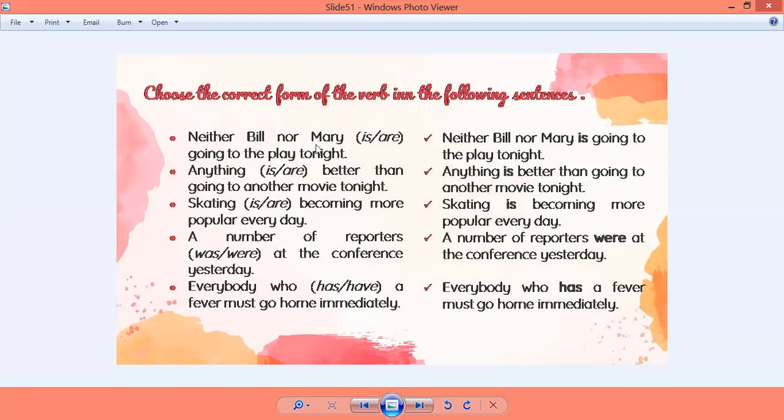Let us see first one. Neither Will nor Marry dash going to play tonight. अभी यहाँ का रूल क्या था that और नॉर के बाद में जो सब्जेक्ट आता है उसके ऊपर हमारा वर्ब डिपेंड करना चाहिए. Here after nor Marry is singular and hence we know that my verb is going to be singular. और हम यहाँ पे क्या लगाएंगे? is singular.